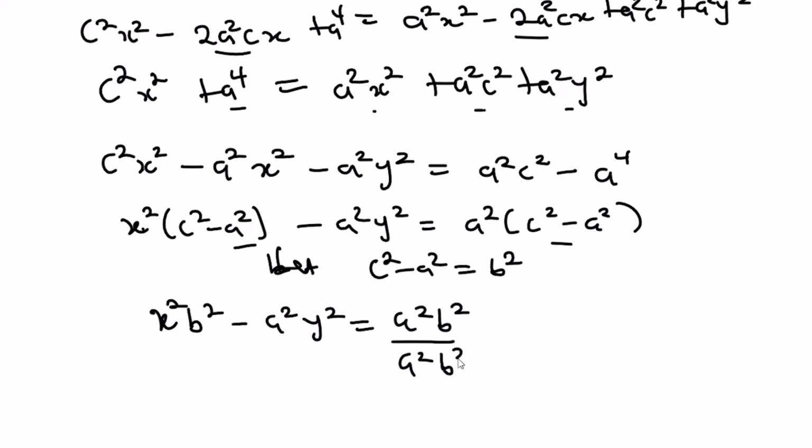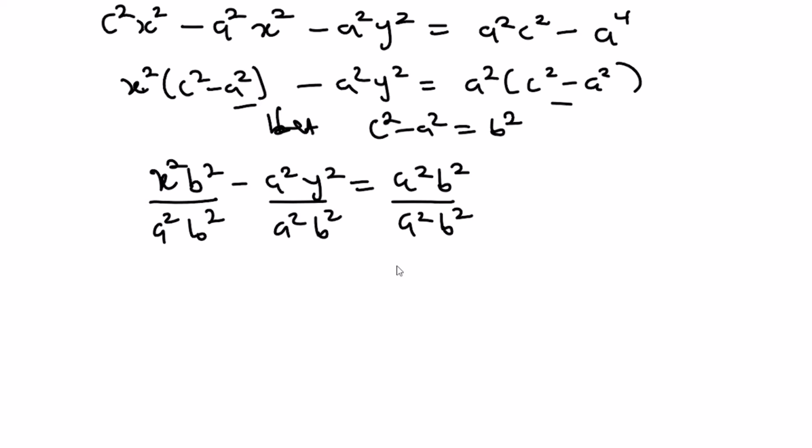When we simplify this, we're going to get x squared on a squared minus y squared on b squared being equal to 1.